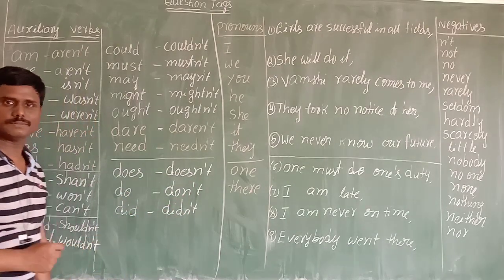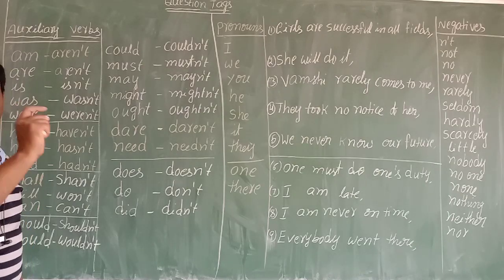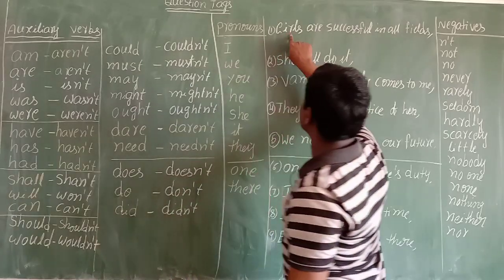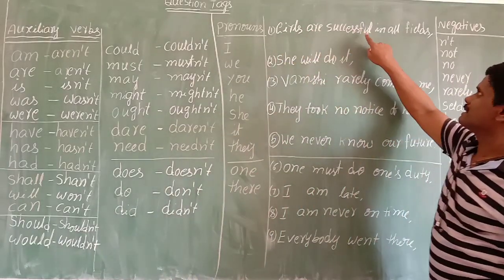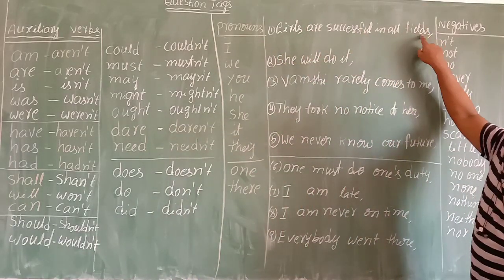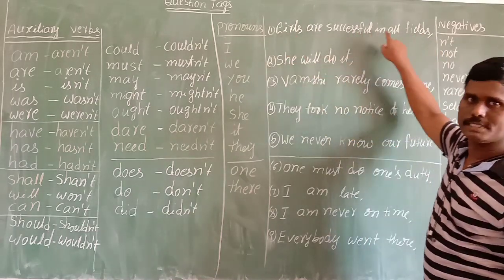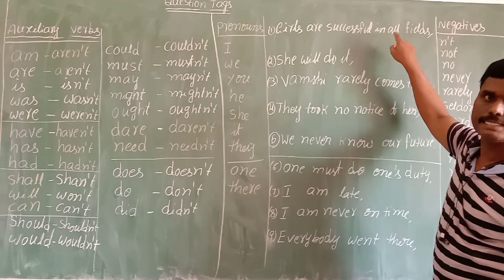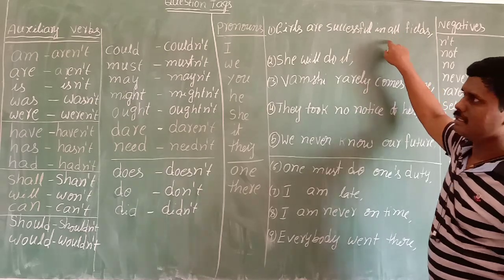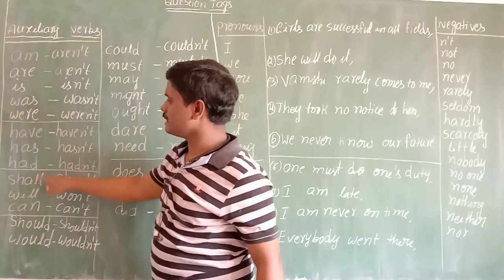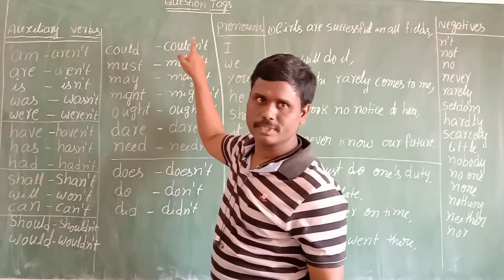First, friends, read the given sentence. For example, girls are successful in all fields. First, read the given sentence. See what the given sentence is in the examination. Then, is there any helping verb, any auxiliary verb in the given sentence?